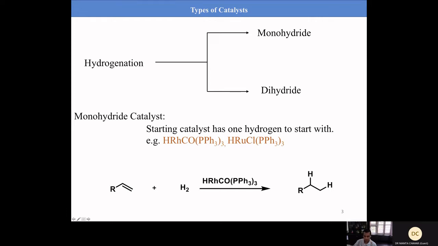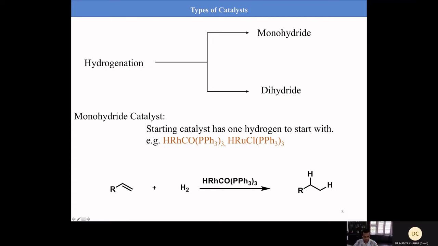Now, the commonality between these two catalysts, simply the first point, is that both of them have one hydride to start with. Now, this hydride can give us the product in a very quick fashion.